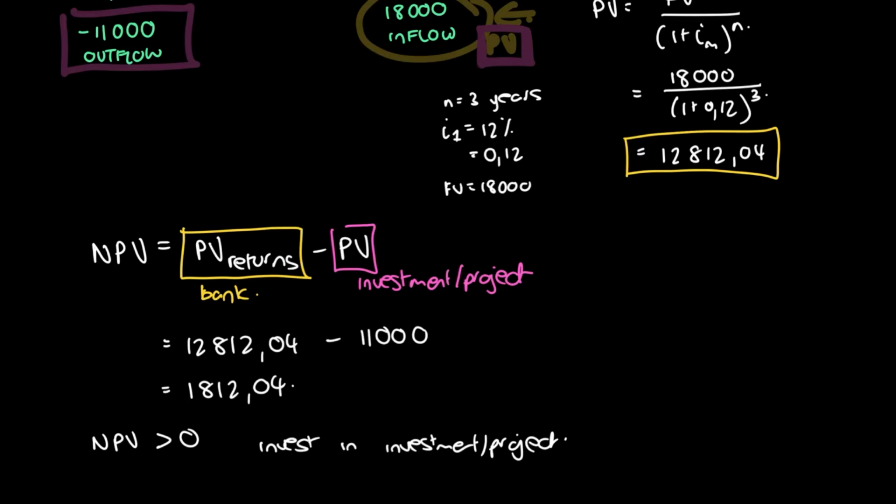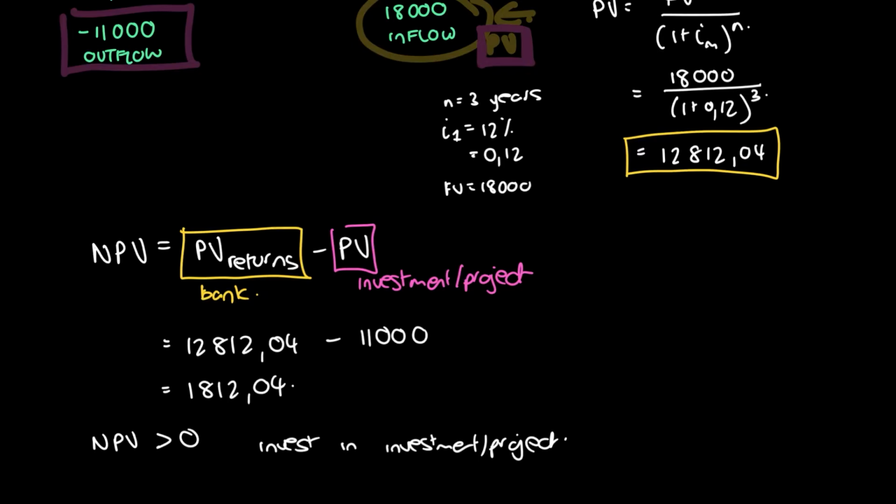And therefore, if it's greater than 0, we would rather invest in the project, because we can invest less in the project to get the same financial future value coming out. In this case, we can invest 11,000 in the project and get 18,000 Rand coming out, whereas to invest in the bank, we have to invest 12,812 Rand and 4 cents to get 18,000 Rand out.